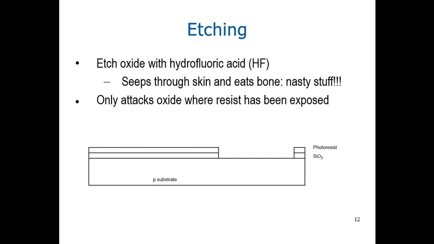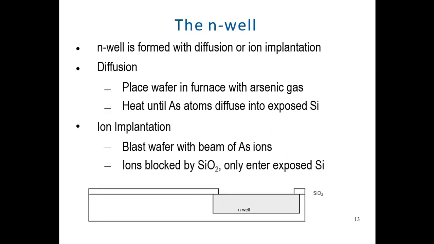After that you do something that is called etching, and you use this acid to clean things up. It only will take off the structure where it is exposed. Okay, so then N-well is formed by diffusion. So this is a separate process.